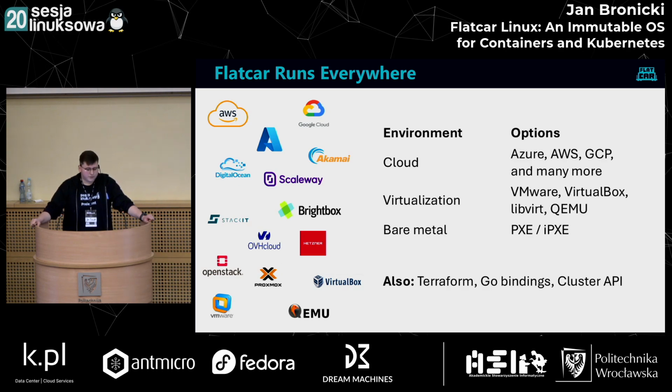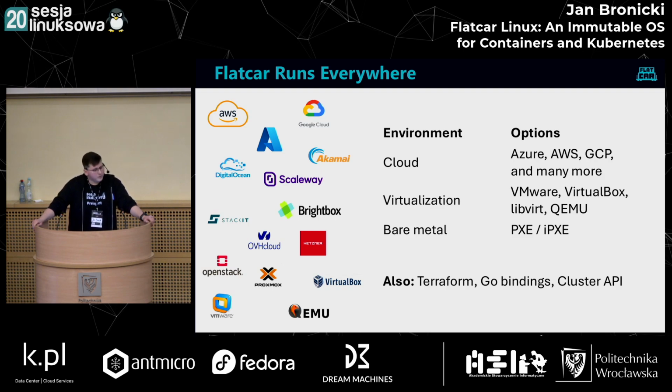Flatcar runs everywhere, and we really try to make it happen. We are an image-based OS distro. That means we prefer to be virtualized. That can be your primary cloud provider, like Azure, AWS, GCP, and much more, like Akamai or DigitalOcean, but also simple virtualization software like Proxmox, VirtualBox, QEMU. We also run on bare metal.